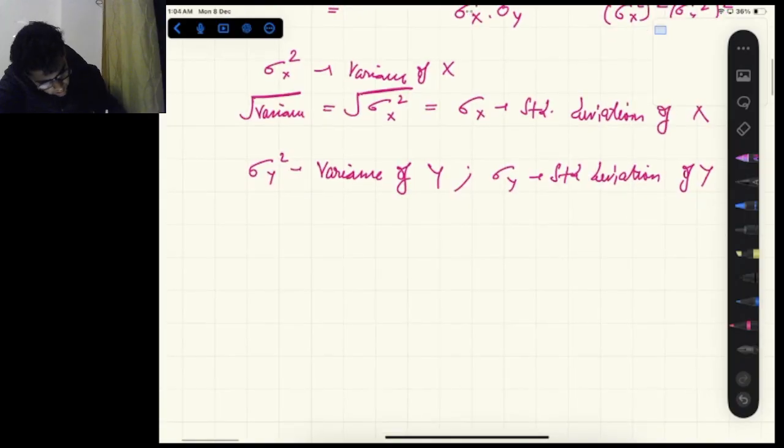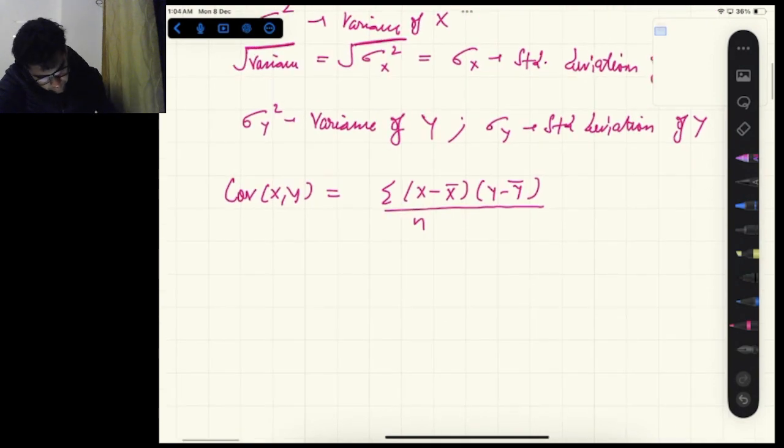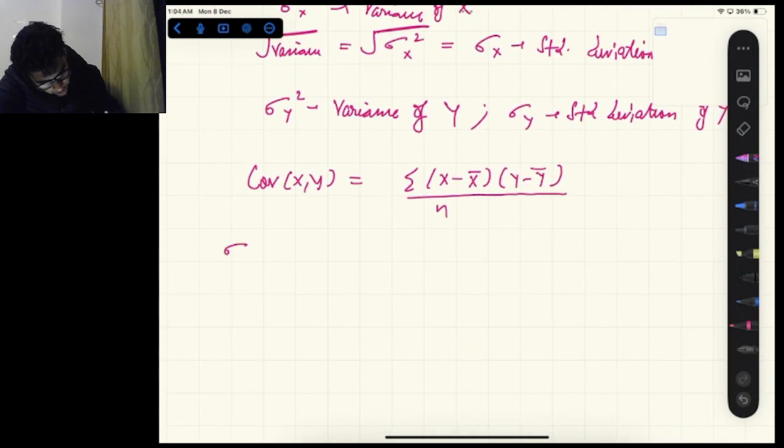Now the formula for covariance of x comma y is sigma xi minus x bar into yi minus y bar divided by n. So this is my formula for covariance of x comma y, and the formula for the variance of x is sigma by n xi minus x bar whole square.